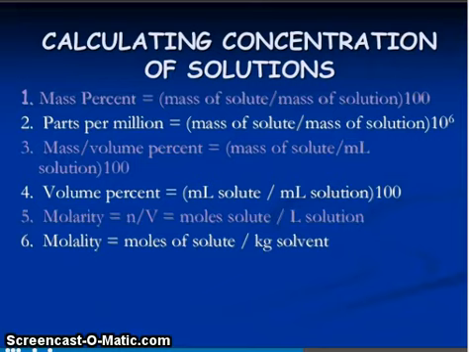Mass volume percentage: mass of solute over mL of solution, times 100. Volume percentage: mL of solute over mL of solution, times 100. Molarity, N by V: moles of solute divided by liters of solution. Molality: moles of solute divided by kg of solvent.